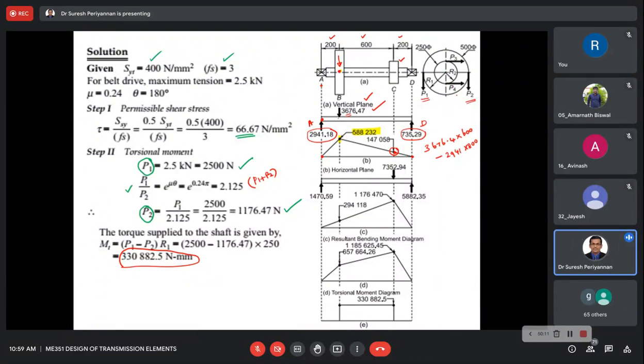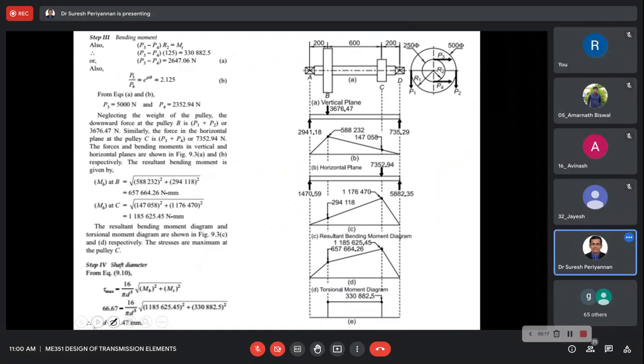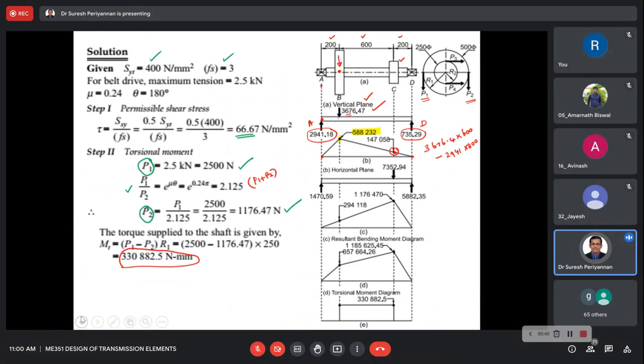P3 minus P4. The same calculation, P3 minus P4. I already told you that the torque is the same. Now, how can I find P3 minus P4? (P3 minus P4) into R2, for the smaller pulley, where R2 is 125, must be equal to the torque we found here.